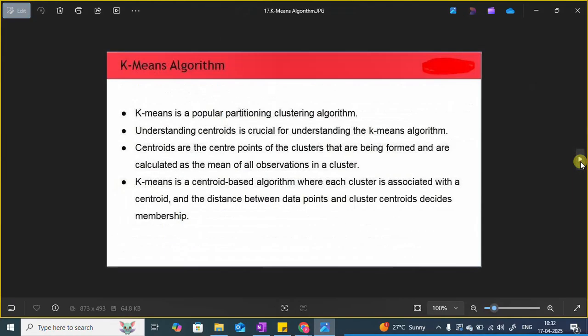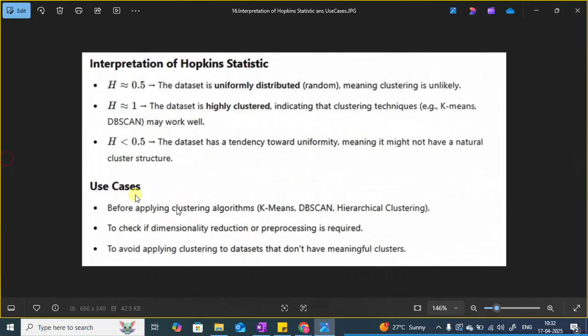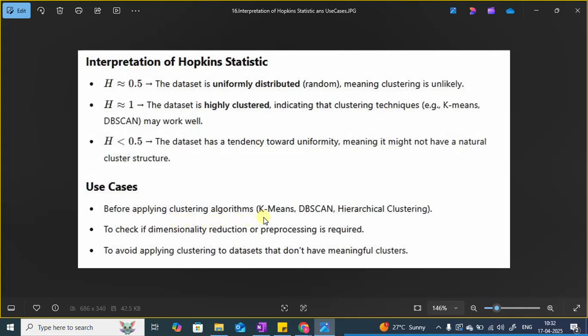Now, what are the different use cases? Before applying a clustering algorithm like K-means, DBSCAN, or hierarchical clustering, to check if dimensionality reduction or pre-processing is required, and to avoid applying clustering to datasets that don't have meaningful clusters.